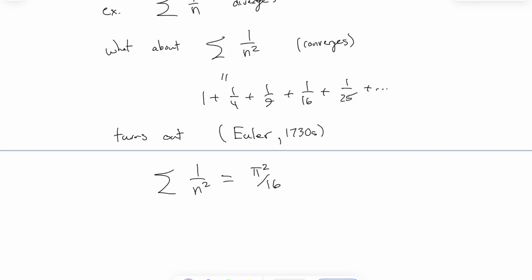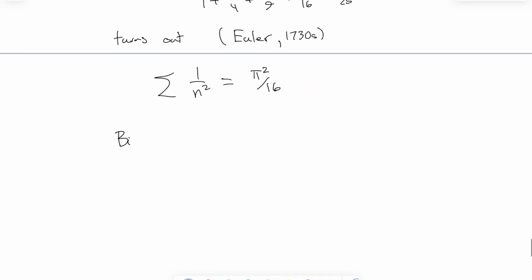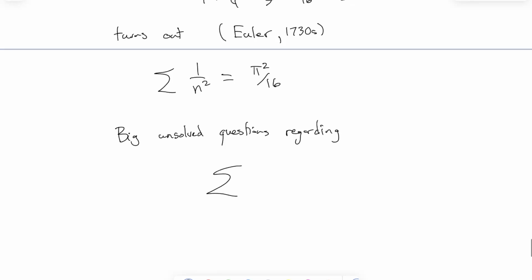But actually there are big unsolved questions, I will just say, still unsolved today, regarding the sum of 1 over n to the power x for various x.